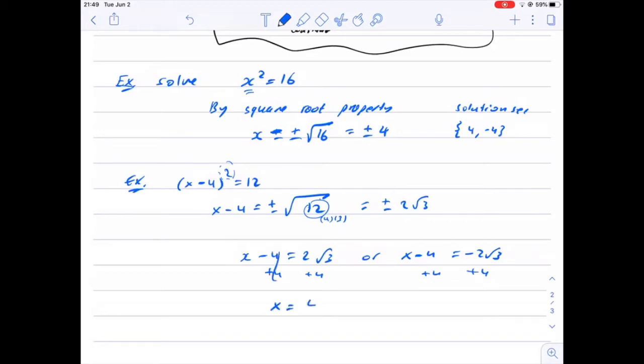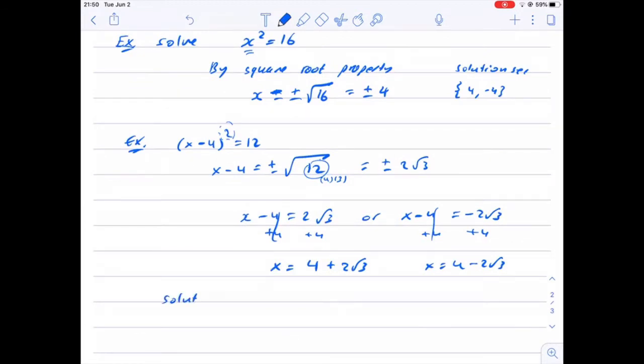We get x equals 4 plus 2 square root 3, or x equals 4 minus 2 square root 3. So the solution set is 4 plus or minus 2 square root 3.